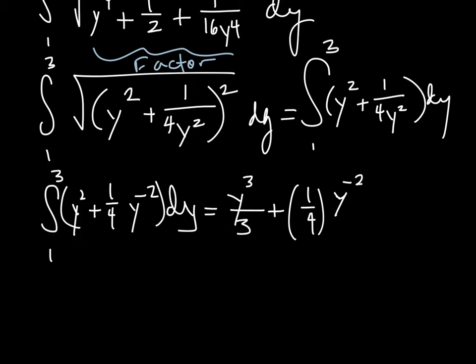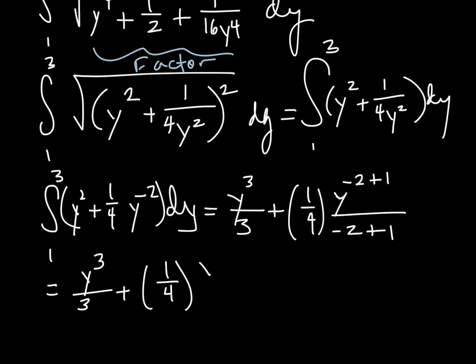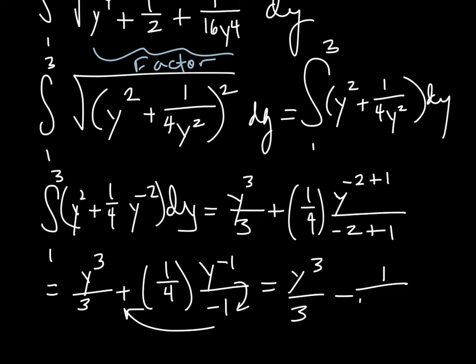Remember, when you're finding antiderivatives, you're adding 1. And so this becomes y cubed over 3 plus 1/4 y to the negative 1 over negative 1, which now I can simply rewrite as y cubed over 3 minus 1 over 4y, and I can evaluate it from 1 to 3.